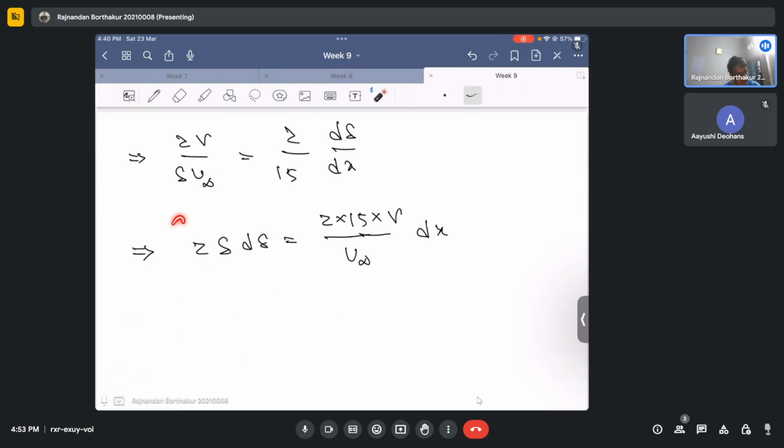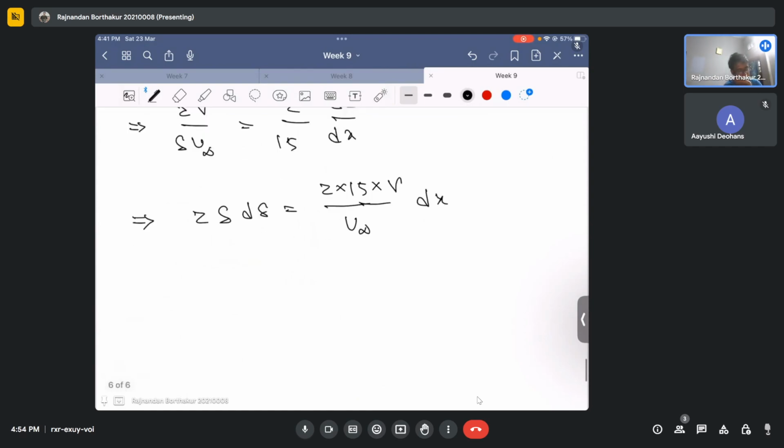This is still not integrable, right? Because we have a delta d delta here. What do we do now? You cannot integrate this directly because of this delta d delta. But here is the trick that you need to take care of.